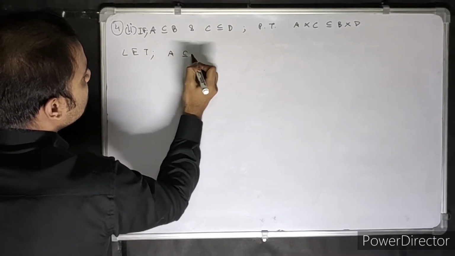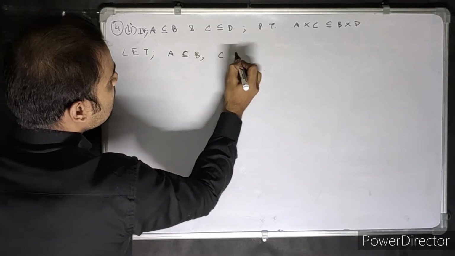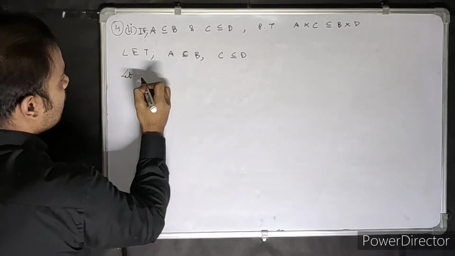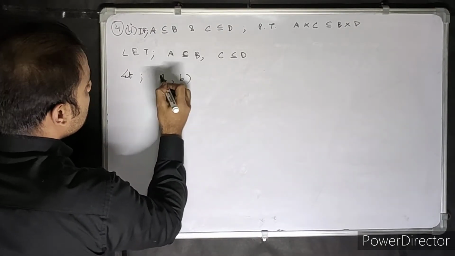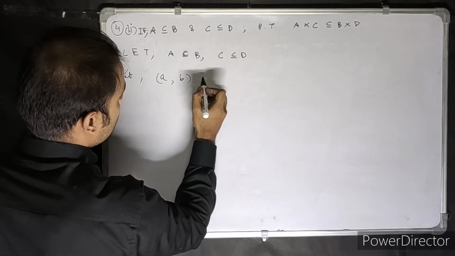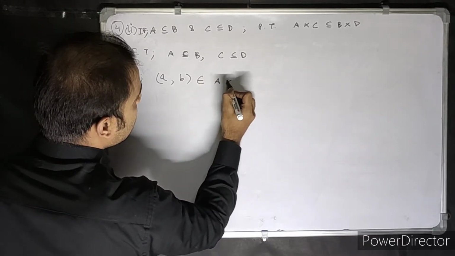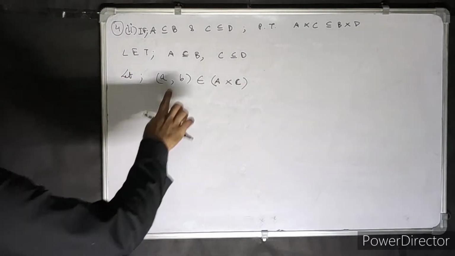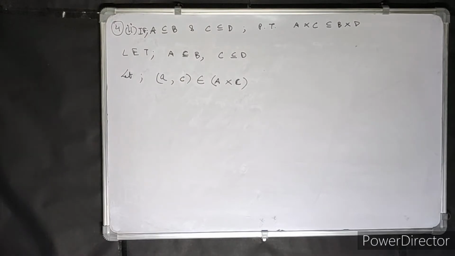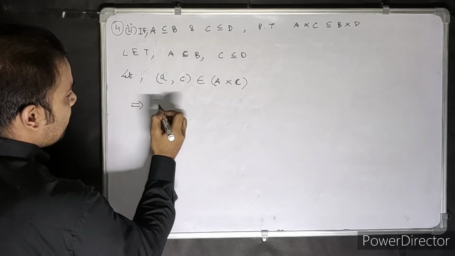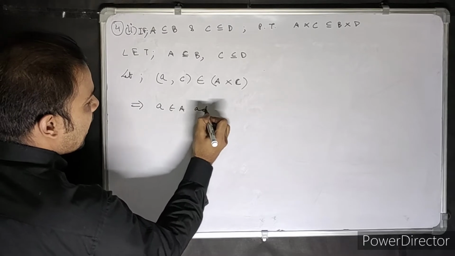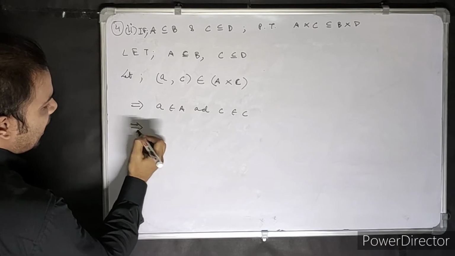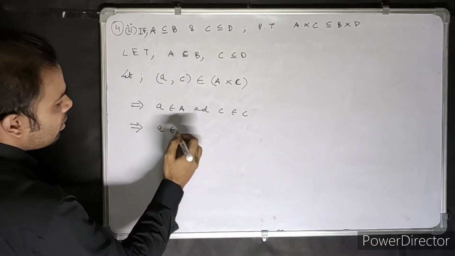Let A be a subset of B, comma C be a subset of D. Now you write let a comma c belong to A cross C, which implies from here that a belongs to A and c belongs to C, which actually implies that a belongs to what? B. Why?